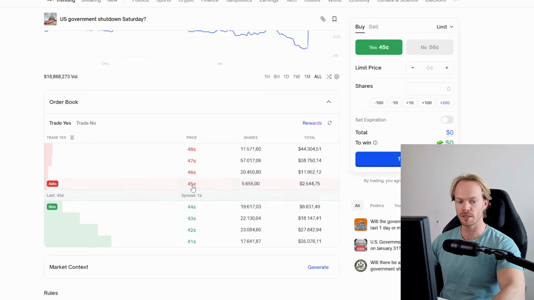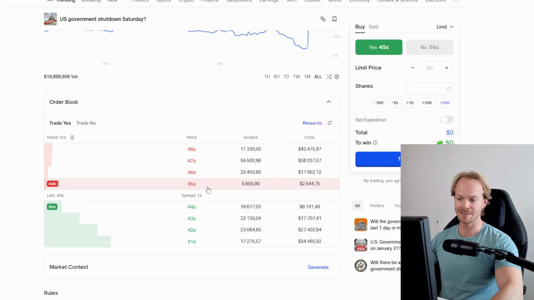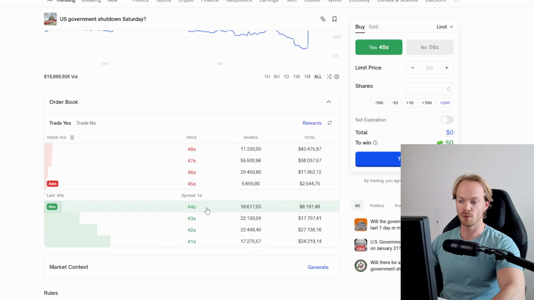You can see there's a spread now of 1 cent. So if you place a sell order at, let's say, 45.5, you did not cross the spread over to the bid side, meaning it's a maker order. However, if you place an order to sell at 44, that would be a taker order.